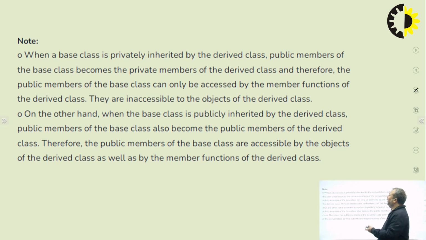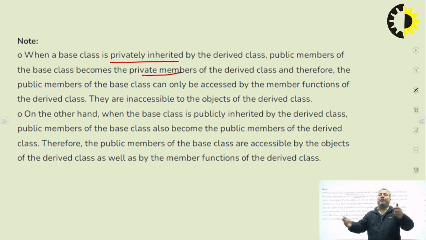So you can see here, when a base class is privately inherited by the derived class, the public member of the base class becomes the private member of the derived class, and therefore the public member of the base class can only be accessed by the member function of the derived class. Since we already know that we cannot access private data by creating the object of that class.